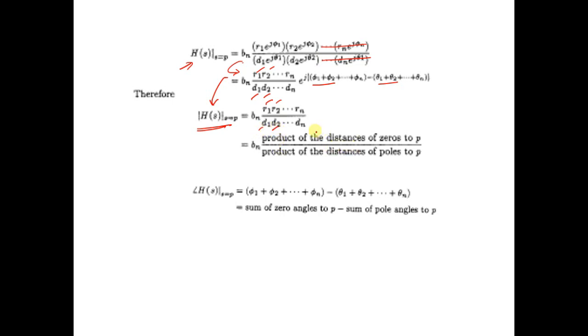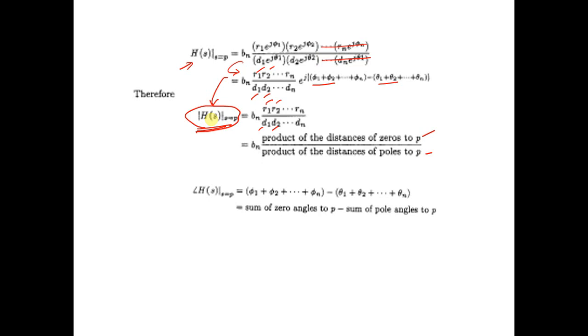These are nothing but the product of the distances of the zeros to the point P divided by the product of the distances of the poles to P. That means the product of all the lengths of the zero vectors divided by the product of all the lengths of the pole vectors to a particular frequency. That gives us the amplitude response of the filter.